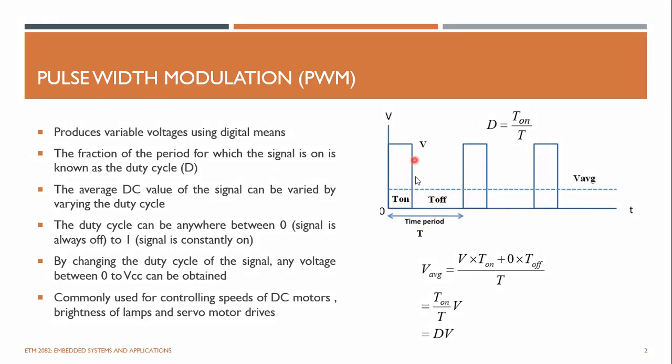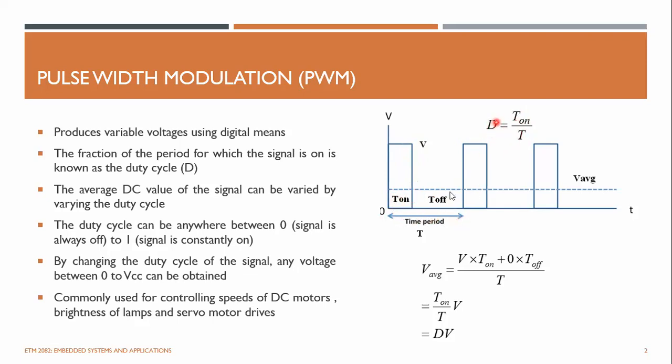The duty ratio is the portion of the time period during which the waveform is turned on. The duty ratio is denoted as D. D is the ratio of T on, the on time, with respect to the total period.